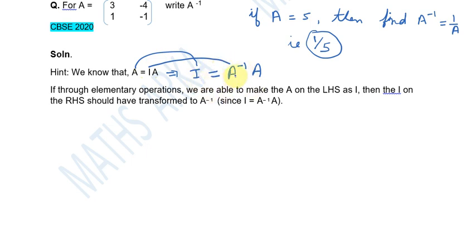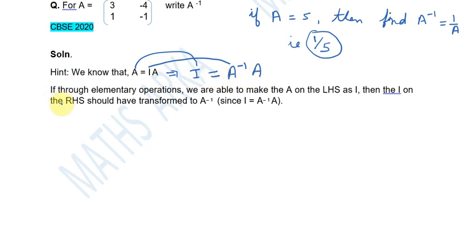Because A inverse into A is equal to I. When we move it to this side, anything we do, A becomes A inverse, and I moving to this side also won't make any changes, and it will remain as I. So this becomes I is equal to A inverse I.